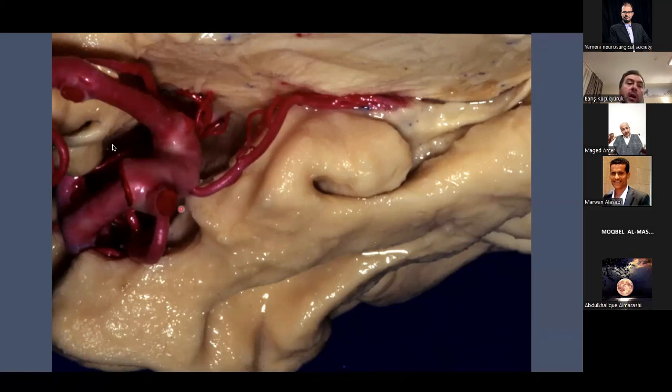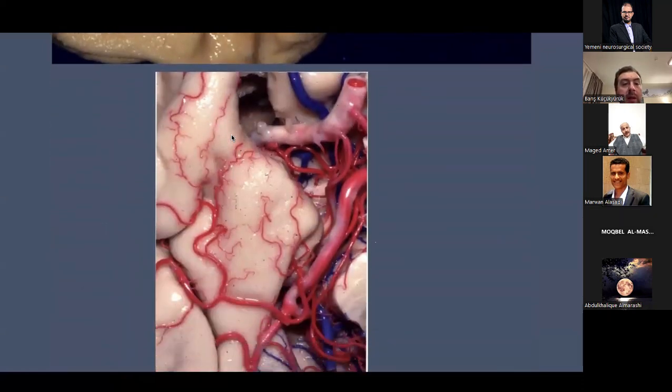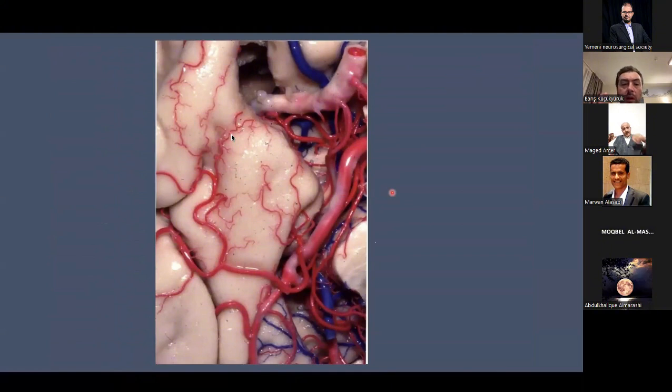The posterior choroidal artery is removed in this specimen, but when we see from the inferior view, there is the internal carotid artery, there is the anterior choroidal artery going here and entering into the temporal horn, and then there is the posterior cerebral artery.